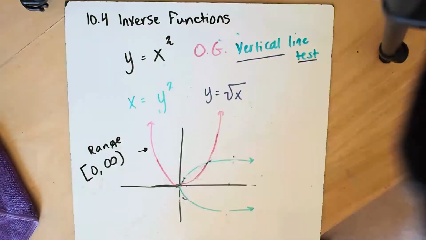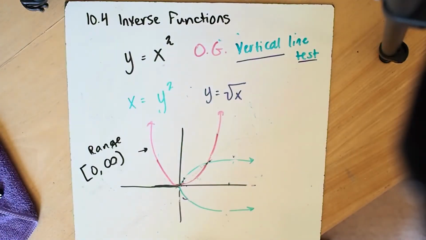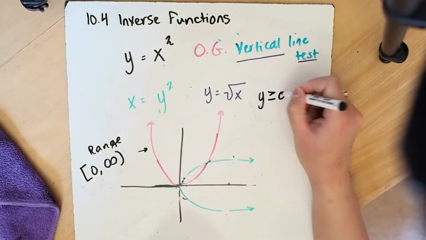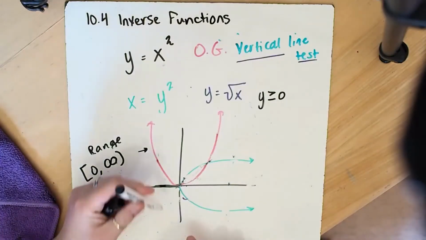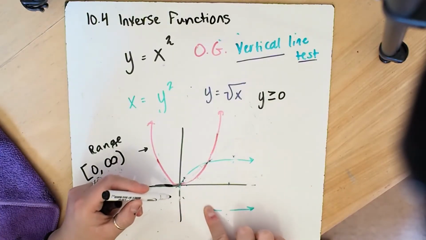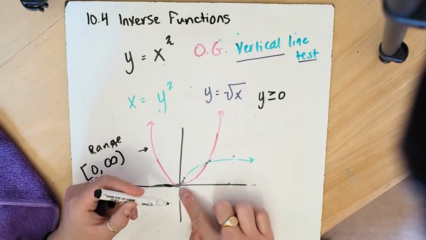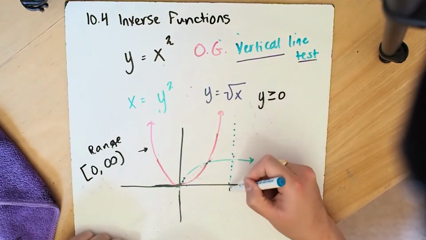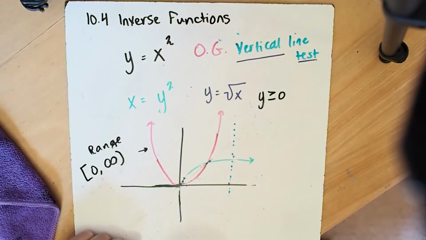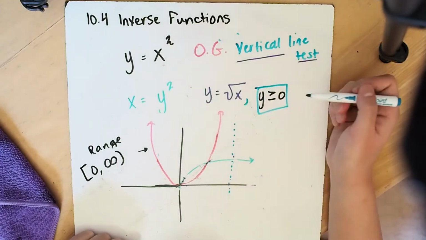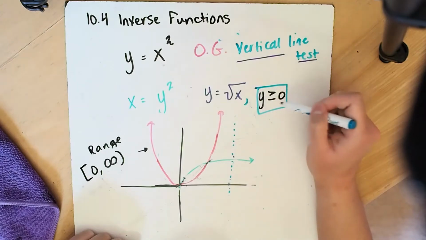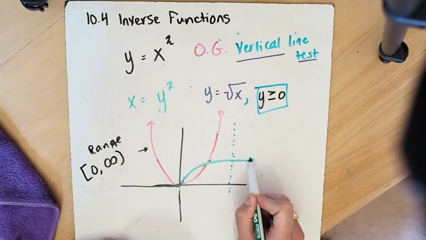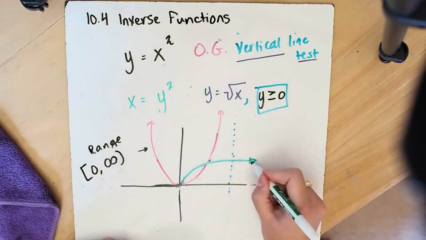Well, if we limit the range of the inverse, and let's say that we decide the range must be y is greater than or equal to 0, we've then just cut off all these other values down here, because y cannot go below the value of 0. If we cut off those values, now the inverse passes the function test, and it is now a function. So by limiting the range, and usually we note this by putting a comma and then the range here, we can convert the inverse of any function to be actually a function as well, even if originally it was not.